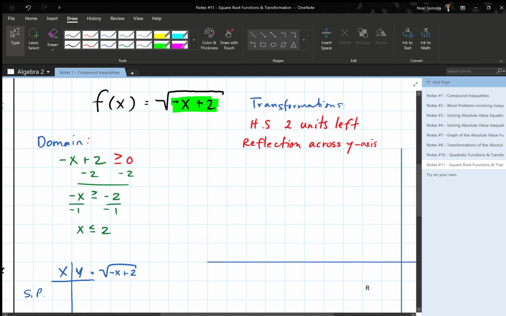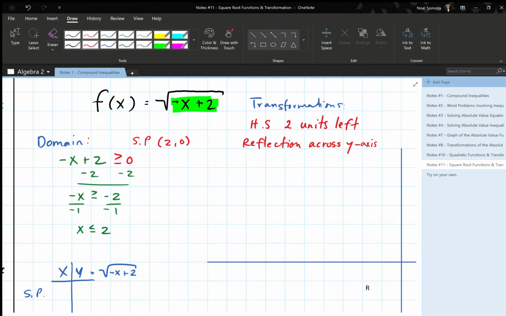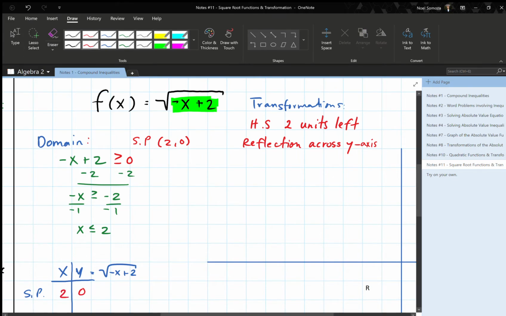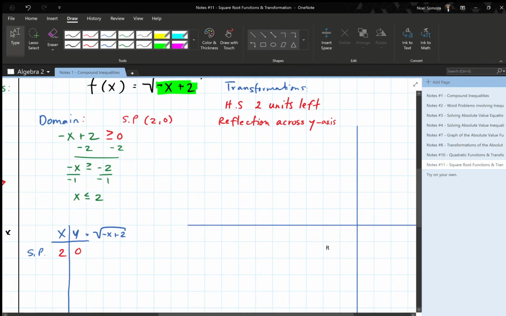So now it's actually at 2, 0. So you keep it, 2, 0. So, starting point. That's why I want you to do the transformations first, so that you remember that if you have a reflection across the y-axis, you use a keep, and you know where to put that starting point. So 2, 0 is where you start.